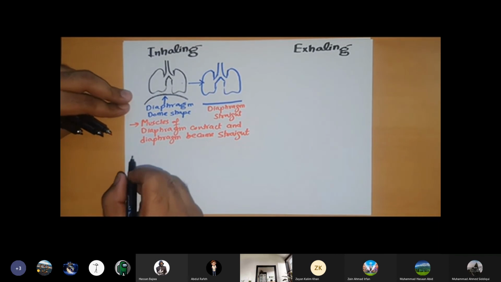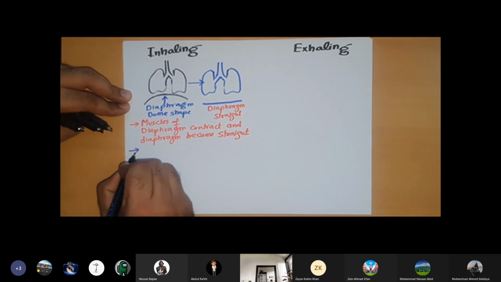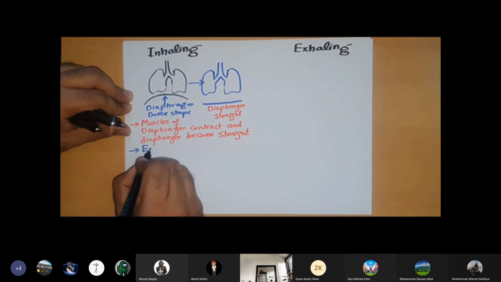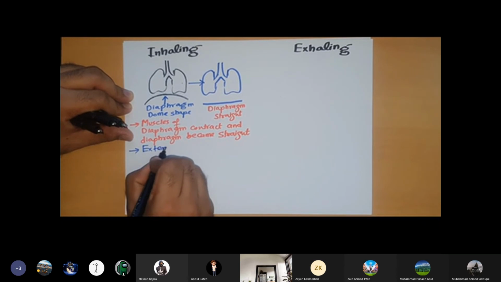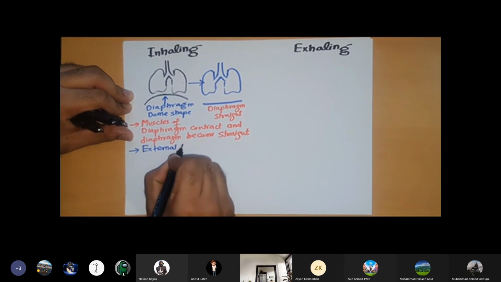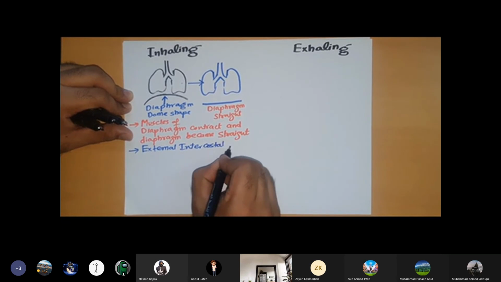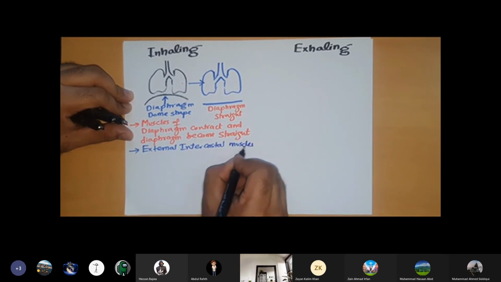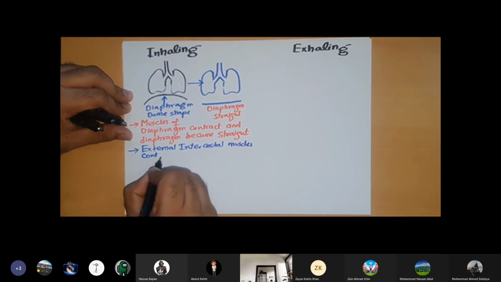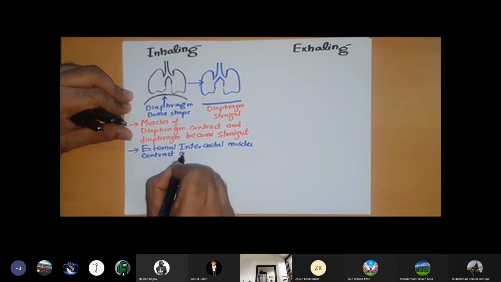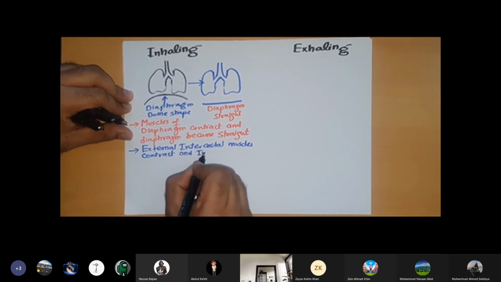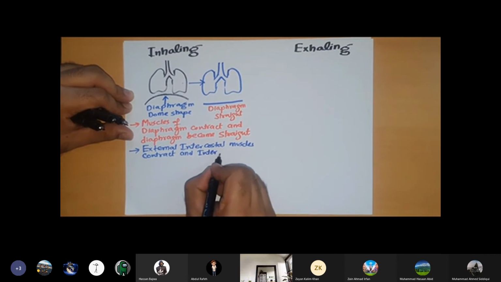In the next step, the external intercostal muscles contract and the internal intercostal muscles relax.